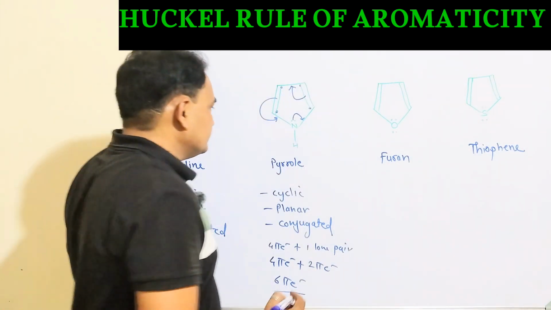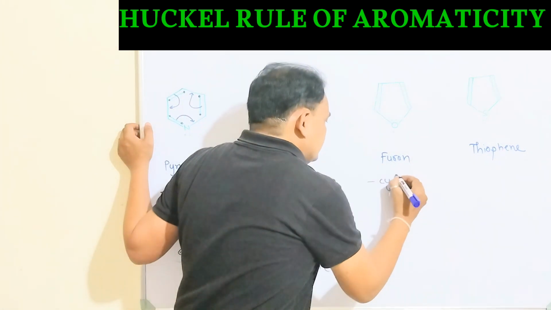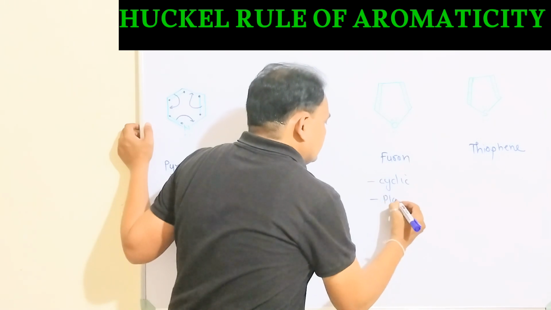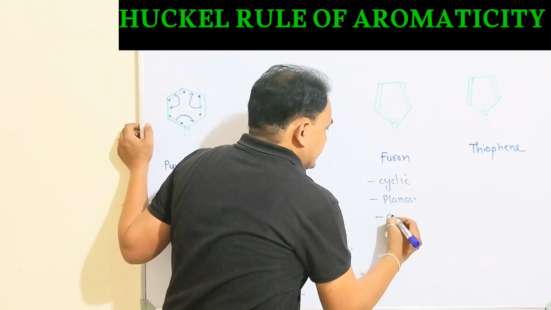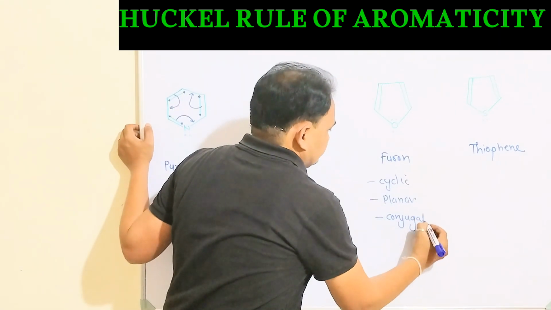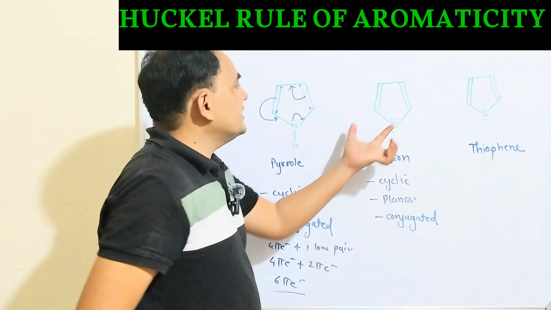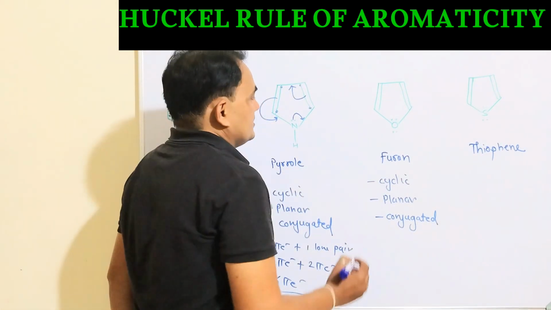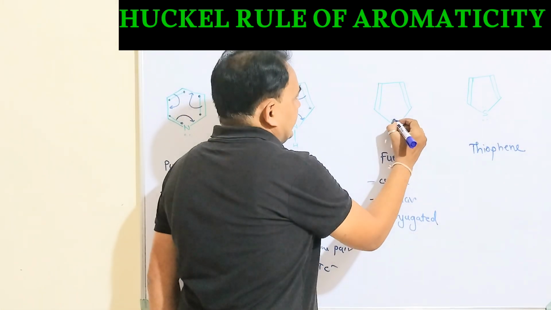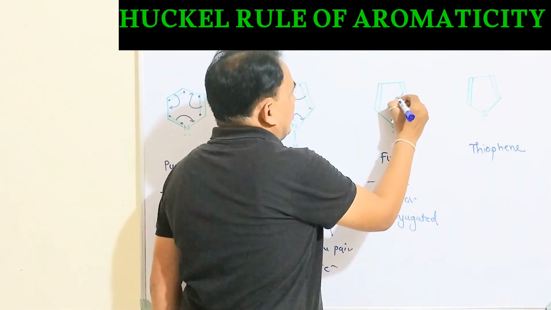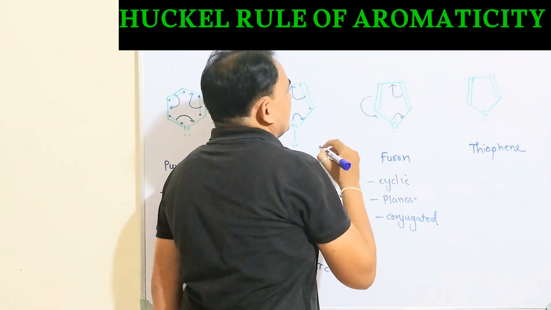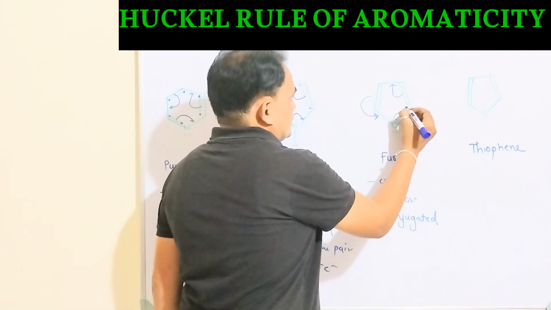Now we take furan. Furan is cyclic, planar, and conjugated also. How conjugated? Here also two single bonds are there, and the lone pair is involved in conjugation.